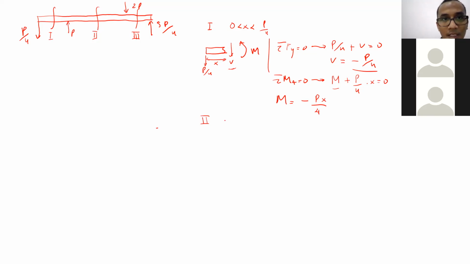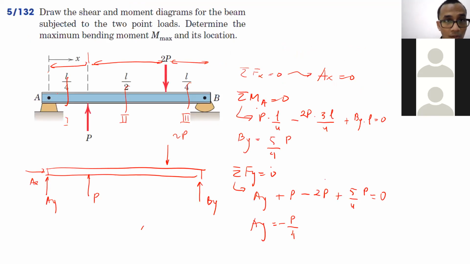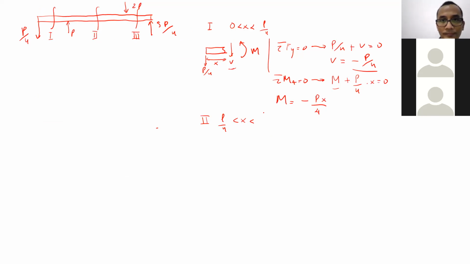For the second cut, it's supposed to work for X between L over 4 until 3L over 4, right? And the free body diagram is supposed to be like this.